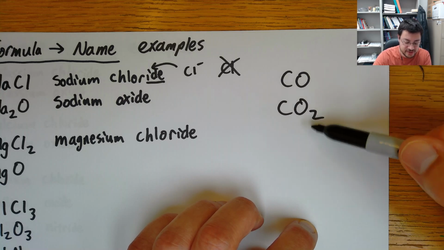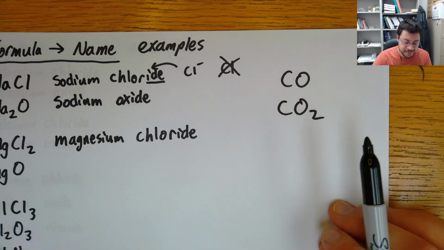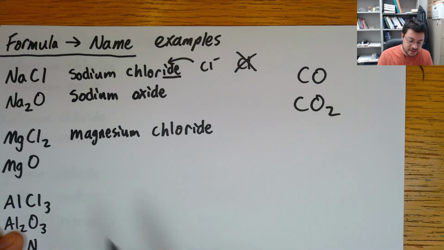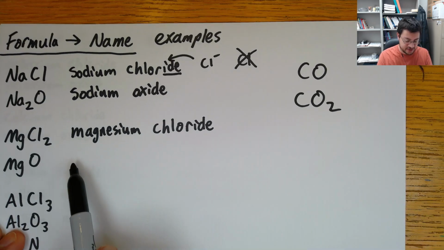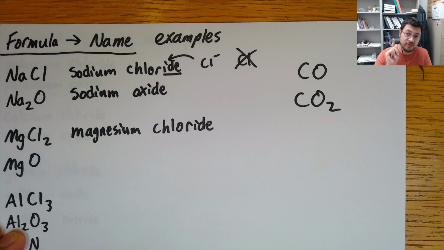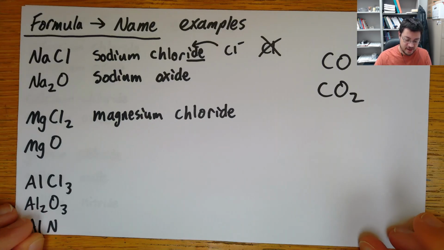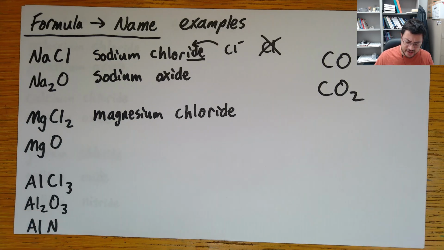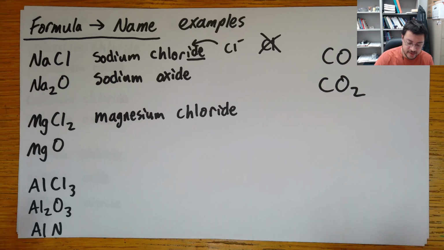So we need prefixes here. But I'm not going to explain it just yet. I'll explain it in the next slide, but we don't need prefixes. Usually in a Chem 101 or even Chem 111 curriculum, they teach to not have prefixes with ionic compounds. I'll comment on that in a bit.